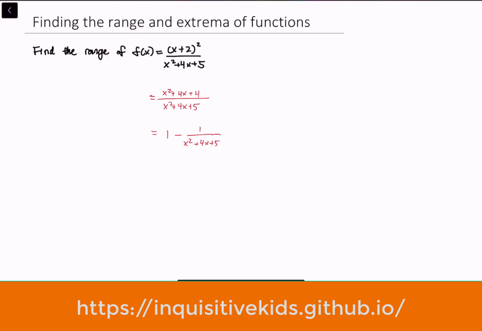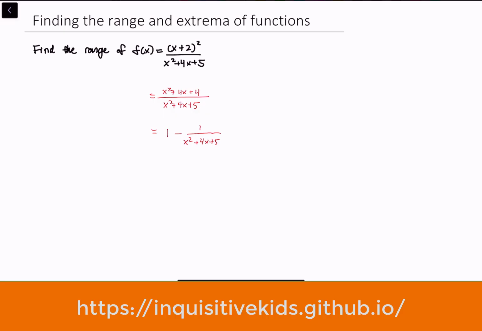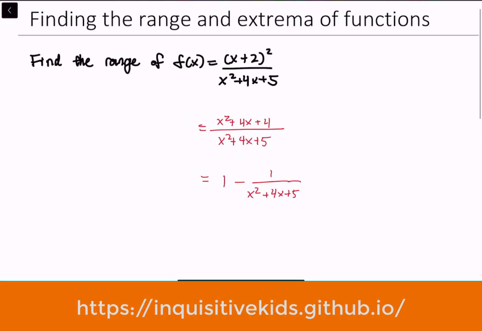Well, we kind of just turned the numerator into the denominator minus 1. That's all we did. And the denominator can be rewritten as a perfect square plus 1. So here is our new version of the function f of x, and we're told to find the range of this.